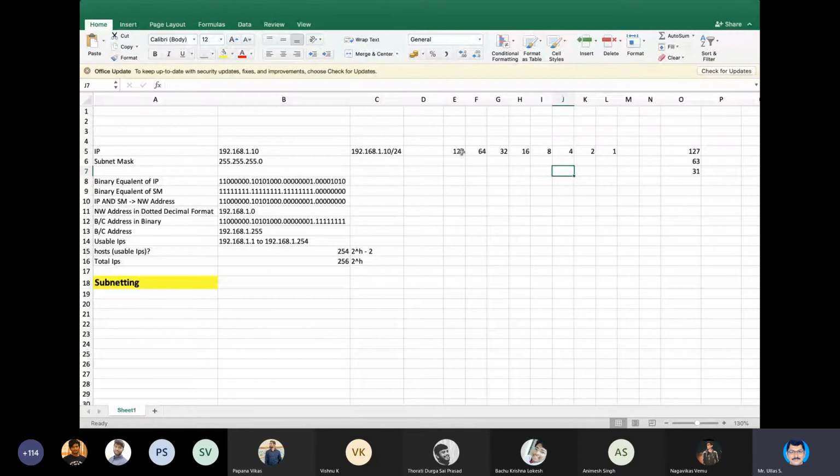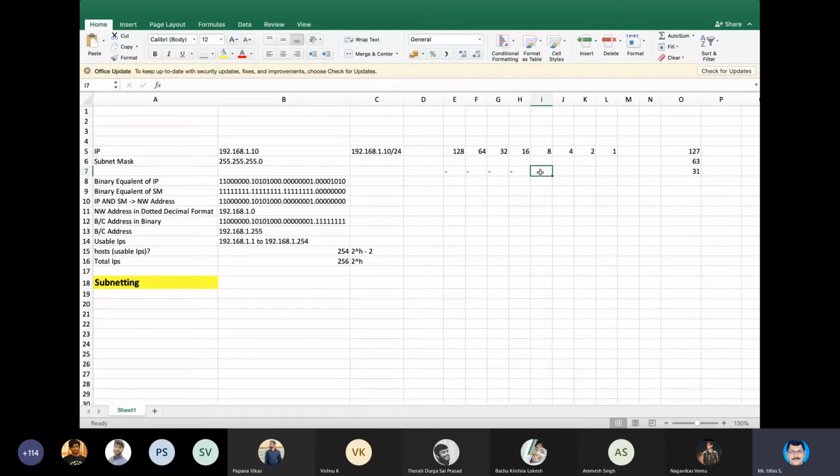Okay, listen carefully. This is a little tricky to understand. In the last octet I cannot use these bits, so these 4 bits I'll be using.